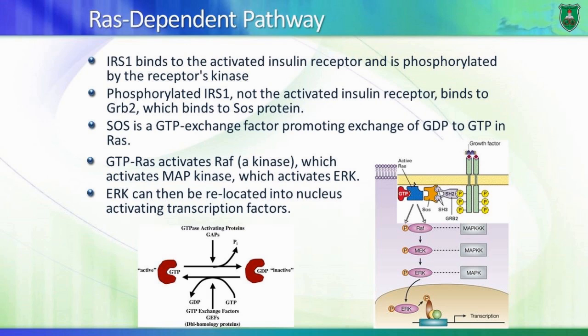Now, GRB2 binds to the receptor. Actually, it binds to the IRS1, and then it binds to GRB2. Okay, so it's not shown in this figure. So IRS1 and then GRB2.